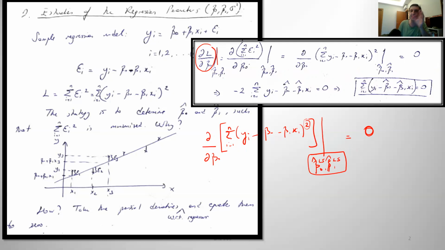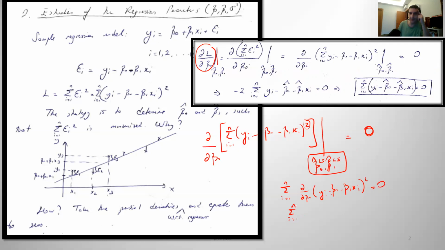This is a summation sign, but since these are linear operators, you can change the order of them. So it's going to be the sum from i equals 1 to n of the derivative of (yi minus beta 0 minus beta 1 xi) squared, and this is going to be equal to 0.